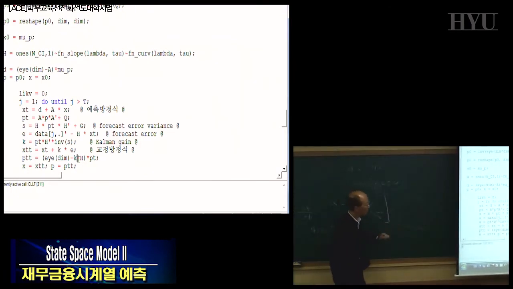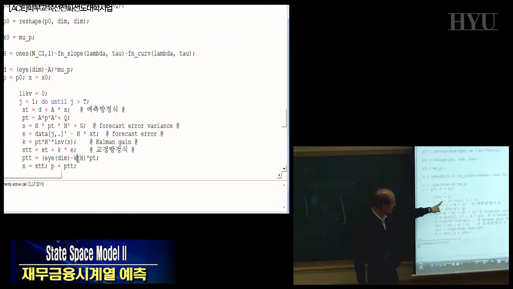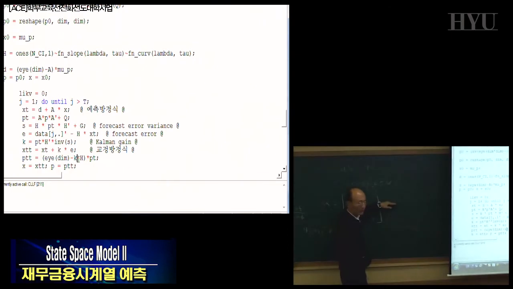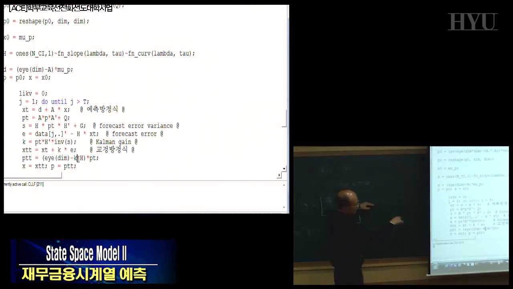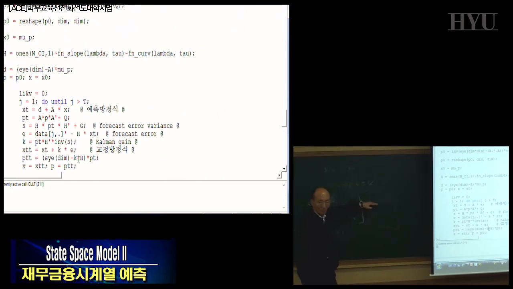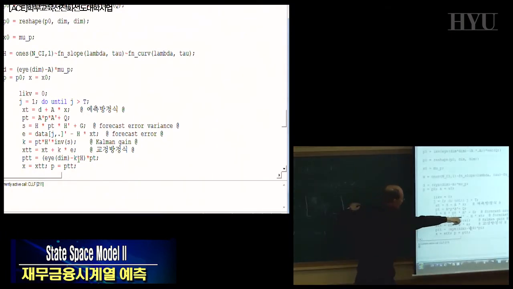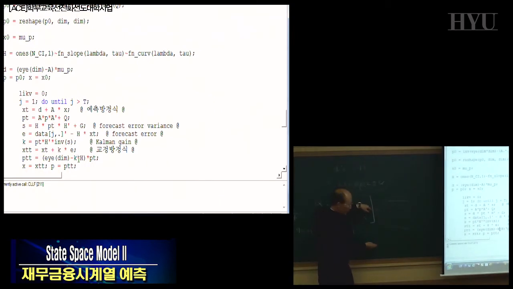Okay? If J is particular number, it will pick row, right? It will pick row. And J comma dot means this row and all the numbers. Okay? And then that is transposed. So that number is transposed. Right?